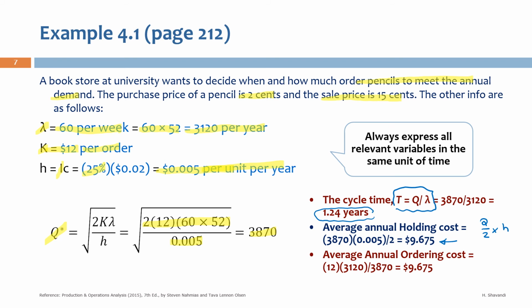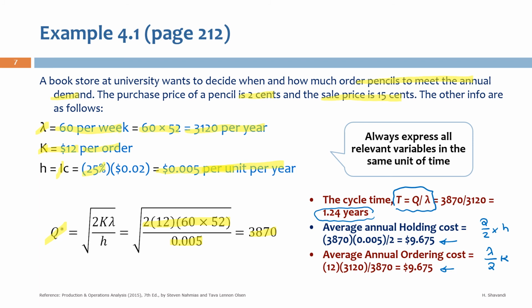And the average annual ordering cost is lambda over Q times K, right? The number of orders that we have per year times the fixed cost per order. So again, K here is 12 divided by 3,870 times 3,120 as the lambda. This will be the average annual ordering cost.